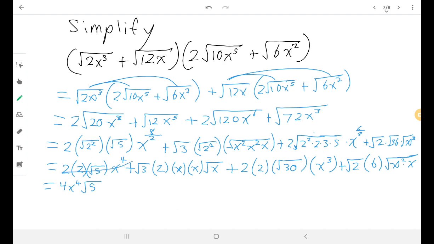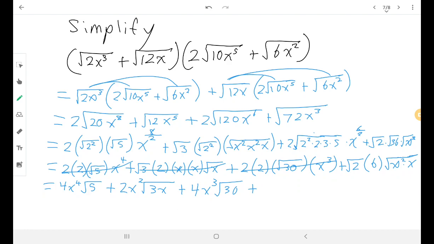So I'm done with all of that. Plus 2 times x, that's 2 times x squared, and then I have this square root of 3 and square root of x that I can put together inside of a square root and call square root of 3x. So taking care of all that. Plus 2 times 2 is 4, times x to the third, times the square root of 30. So taking care of all that.